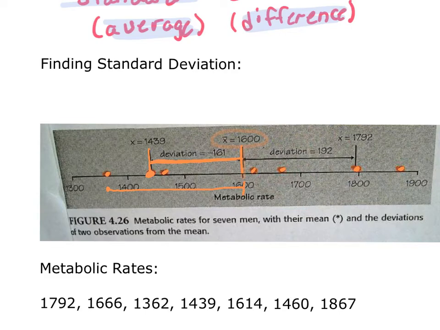So that difference we have to consider, the difference I've already shaded here, this difference, this difference, this difference that they are showing here, and lastly, this difference all the way out to this high value here. So we want to look at all of those differences, those deviations, and we more or less are going to take an average of all of those. That's going to help us explain the spread of the data.